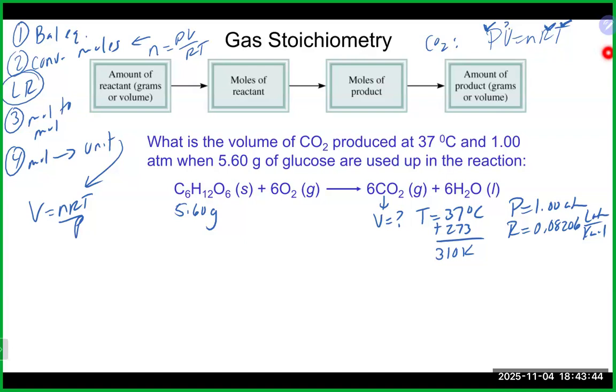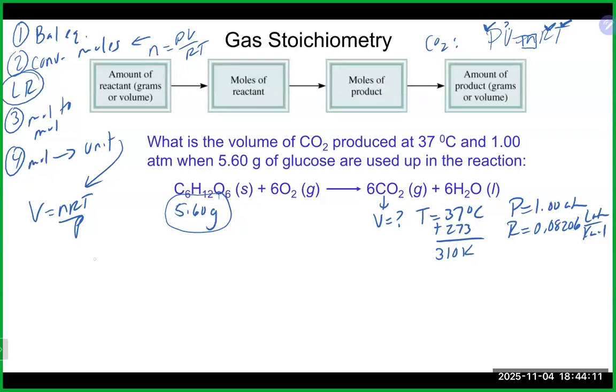So you can see the one thing that we're actually missing to get to volume is moles of the CO2. And that's really where the stoichiometry comes into play. We're going to use our grams here of the C6H12O6, and we're just going to use stoichiometry like normal to figure out how many moles of CO2 we would produce. Once we have that, we then have everything we need for the ideal gas law.